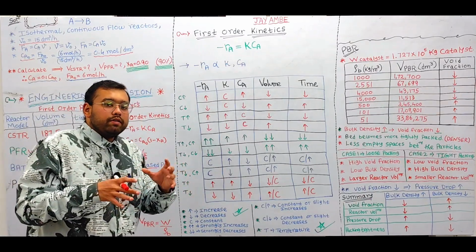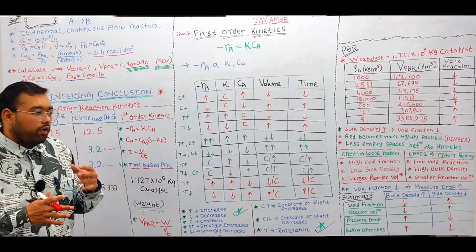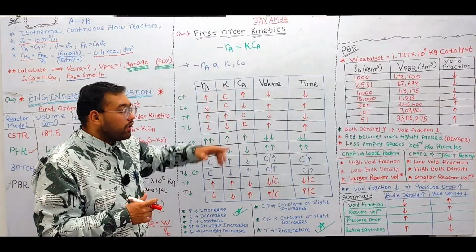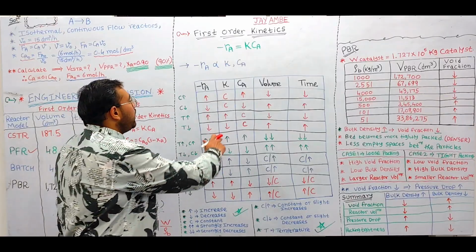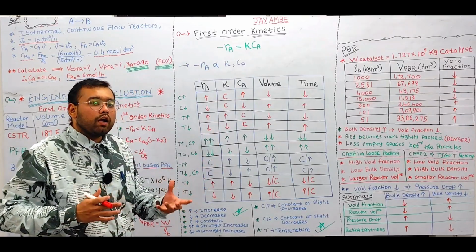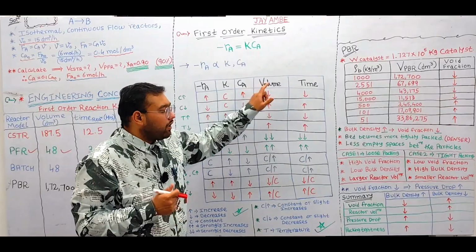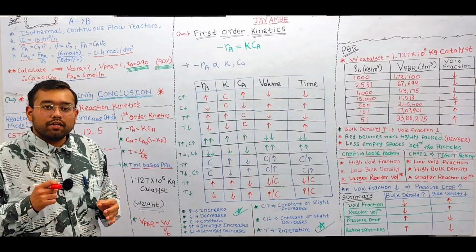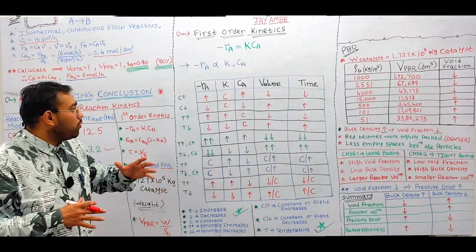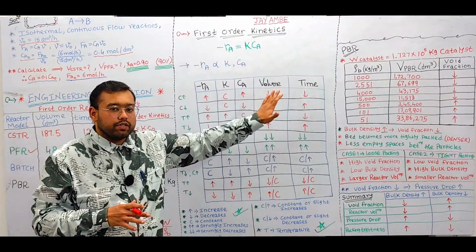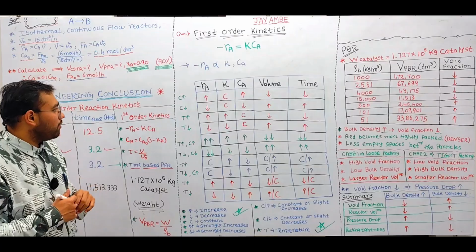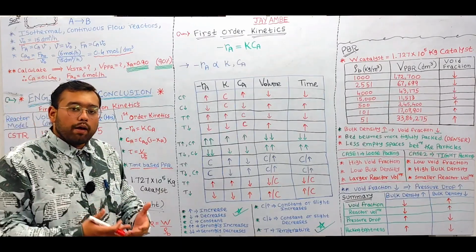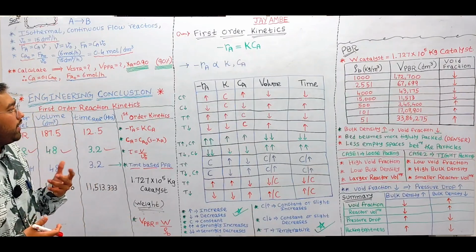We'll make a detailed comparison between the reaction rate minus Ra, the rate constant K, the concentration of reactants Ca, the volume of the reactor, and the reaction time. It will be more interesting to understand these variables in depth for first order reaction kinetics.